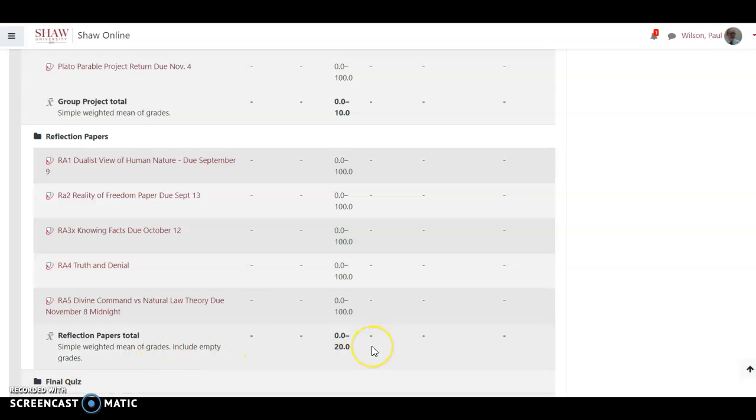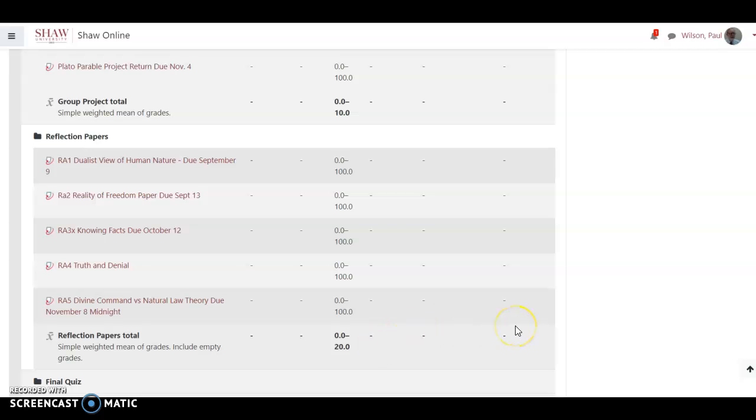This category is totaling 20, and that means for all 5 papers, they are going to amount to 20% of your final grade. If you omit one, then that counts as 0 of the 5 toward 20% of your grade.